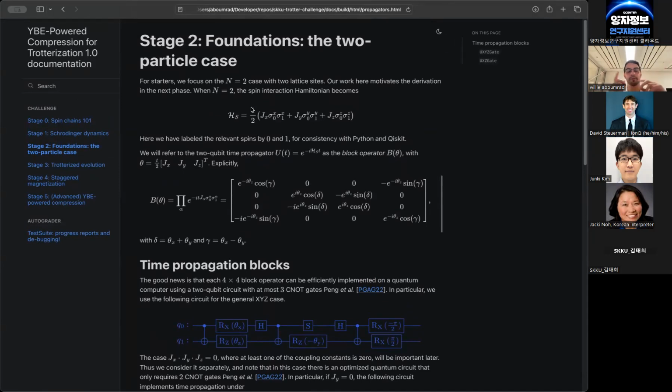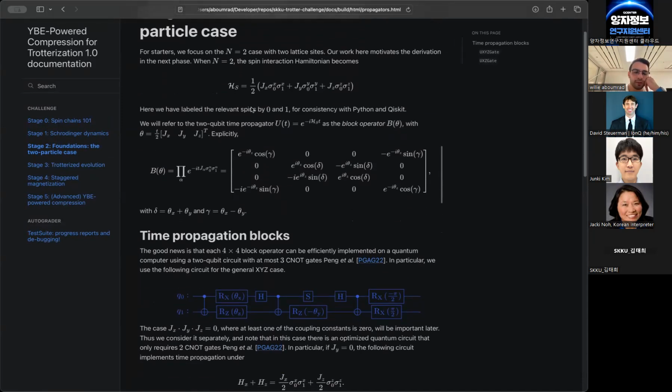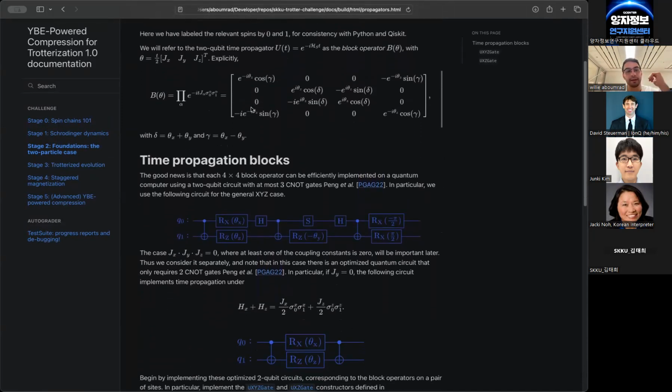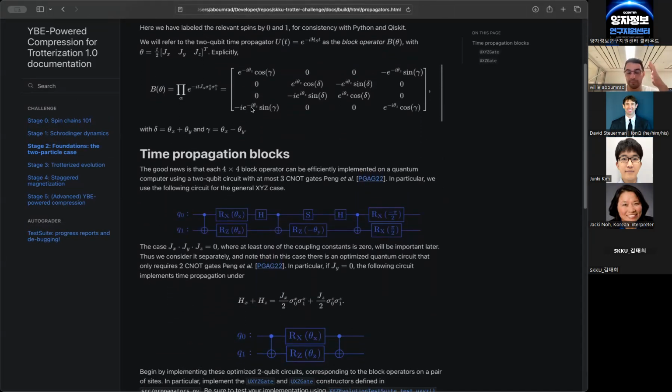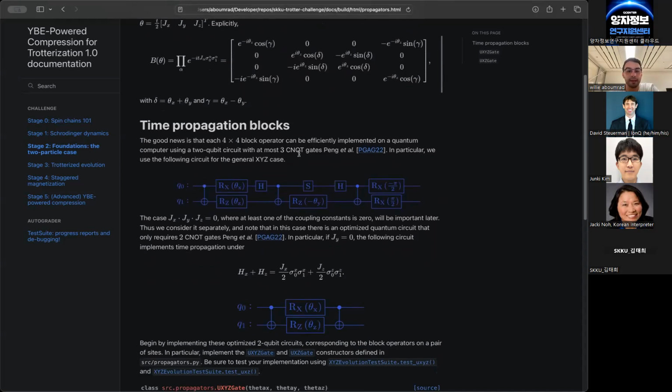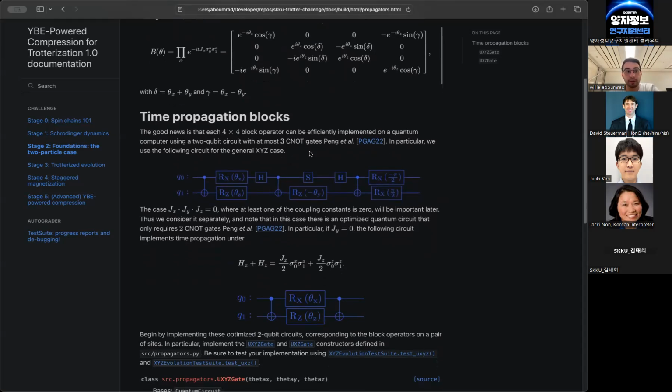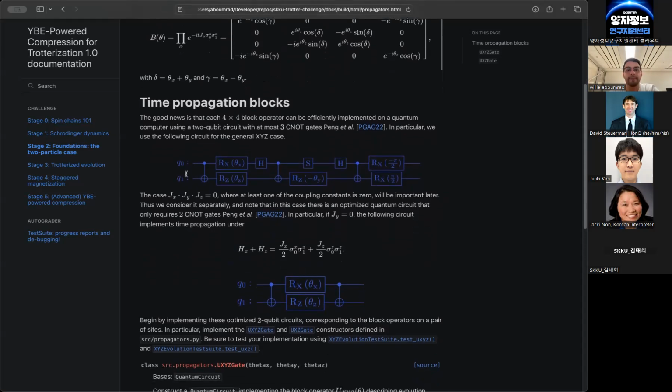So there's a one-to-one mapping between these two-level quantum systems. We'll just start off easy and think about this small case. Your first task here was to implement these time propagators for this small two-spin case, right?